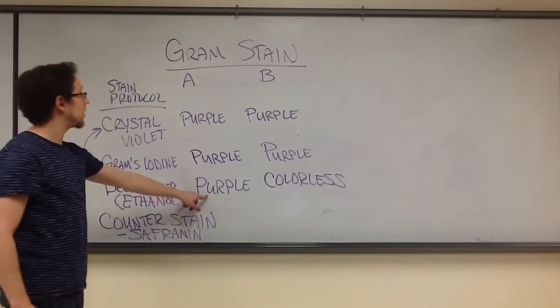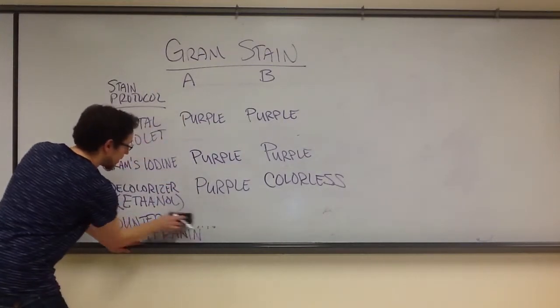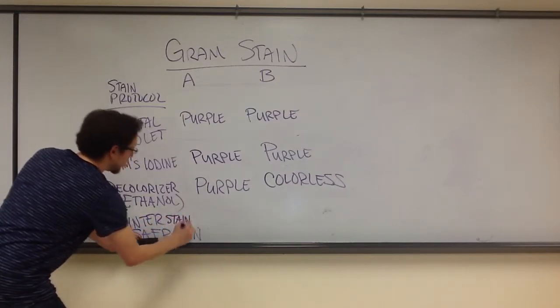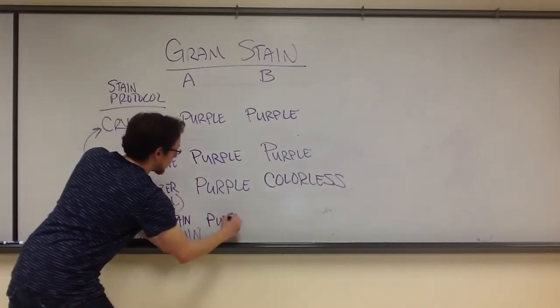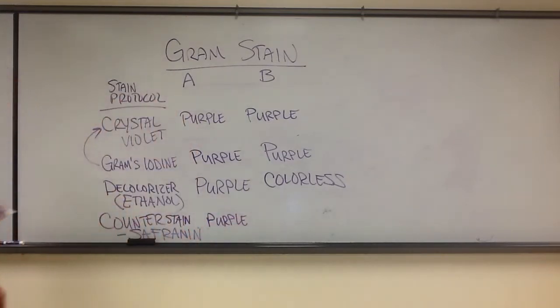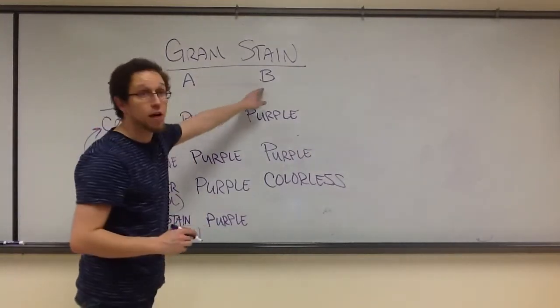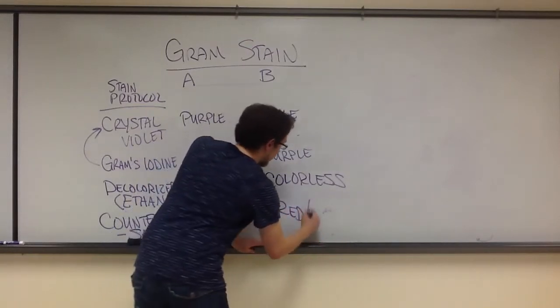So this cell type here, A, move my counter stain here just a little bit. This cell type here for A remains purple because all of the pores and the cell itself are occupied by the crystal violet iodine complex. But cell type B is stained red or pink.